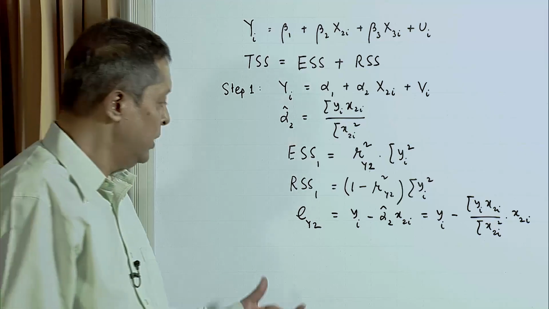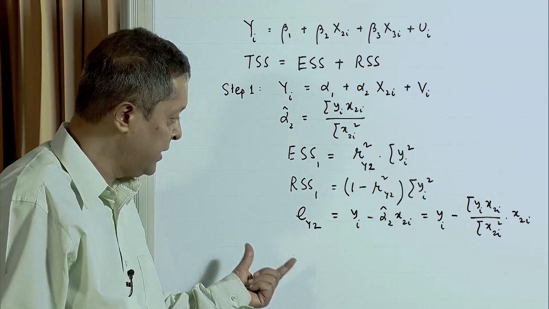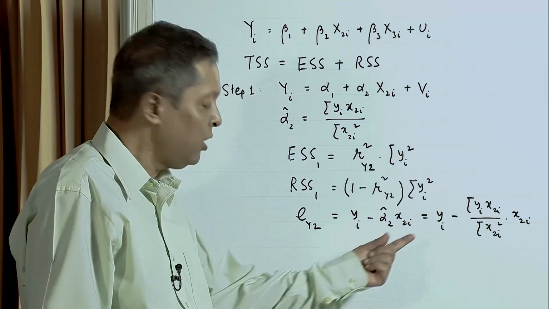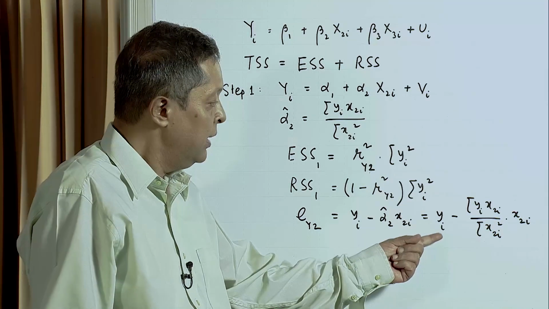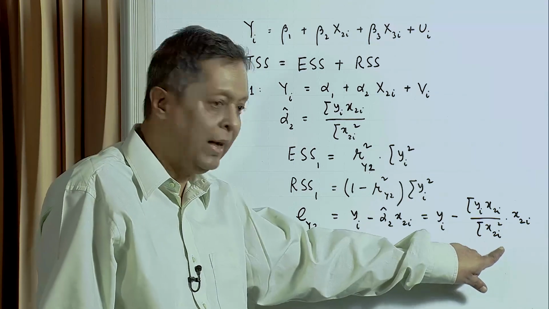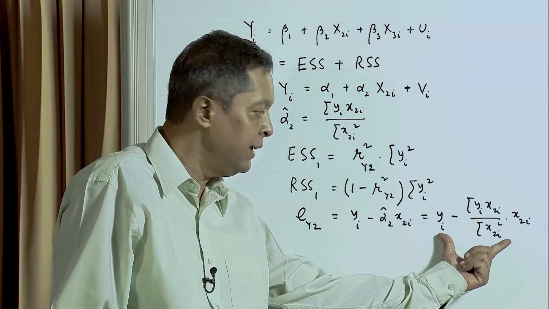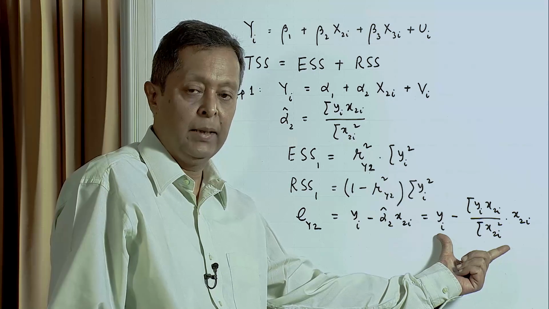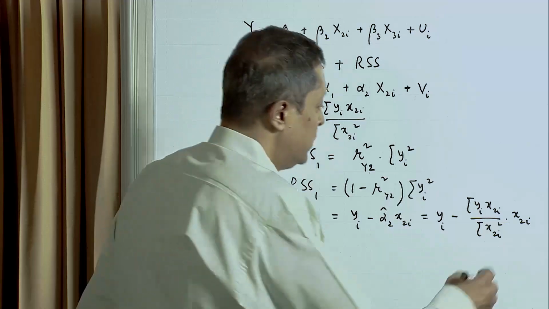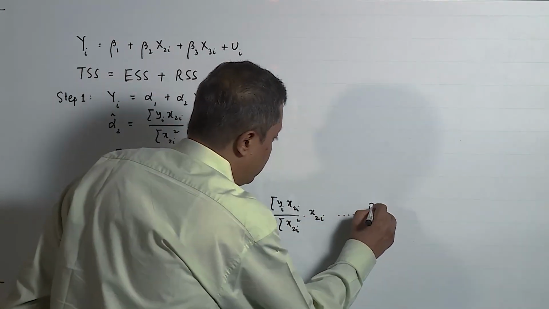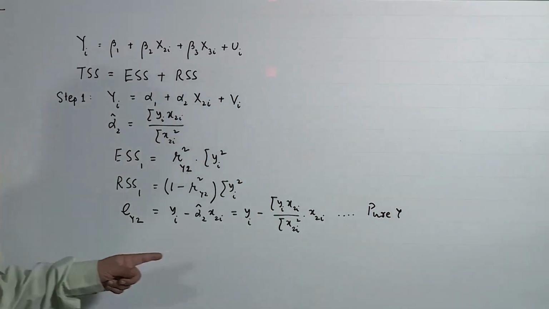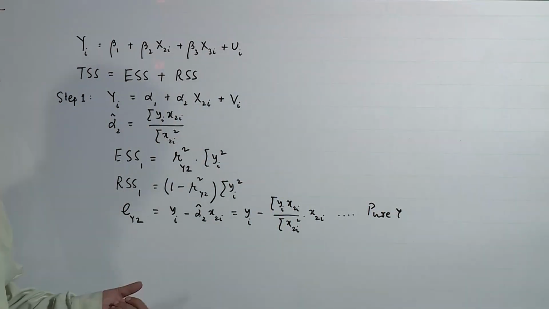And by now, viewers, you might have guessed that this is nothing but that part of y which does not contain x2. So, this is y minus that part of y which is explained with the help of x2. So, the whole thing is pure y, that means y purged of the effect of x2.